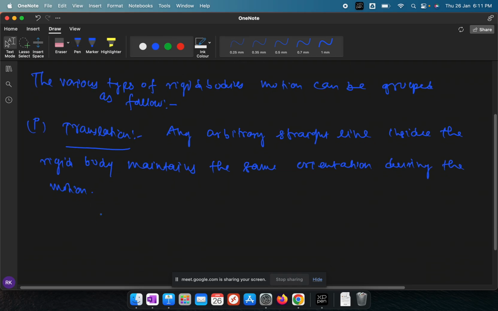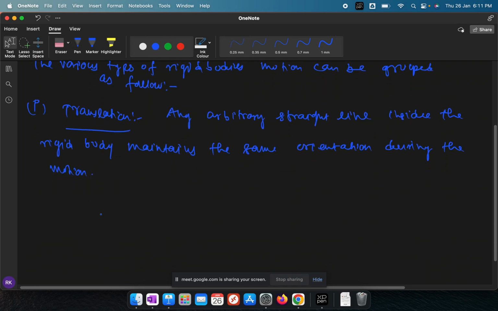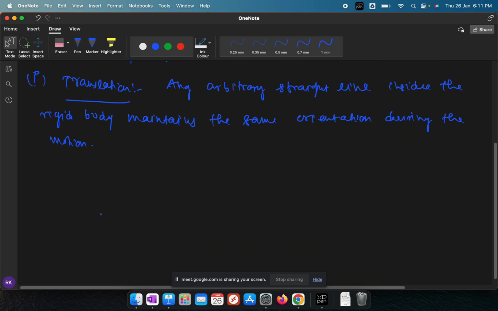In the case of translation, if you imagine any arbitrary straight line, then during the motion, if the motion is pure translation, the orientation of that straight line will remain the same.